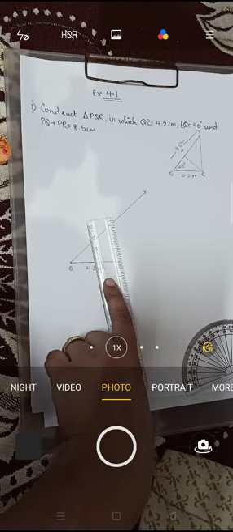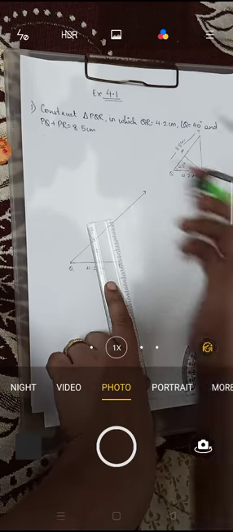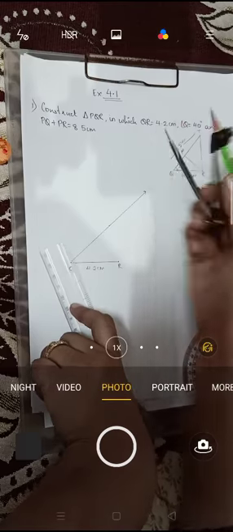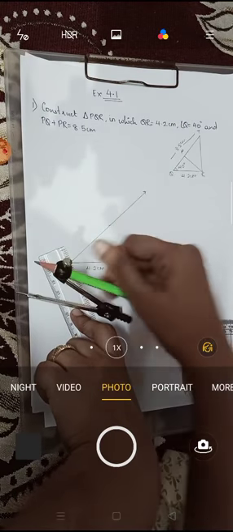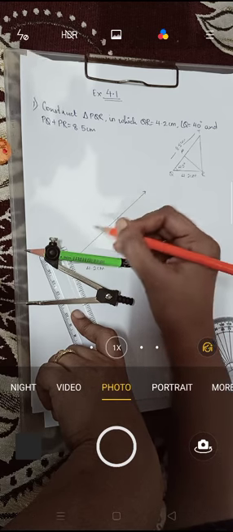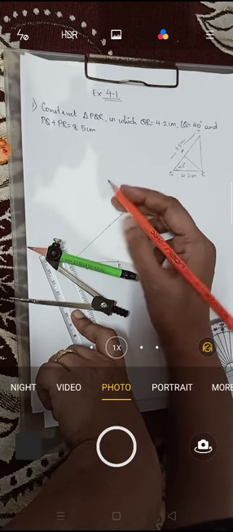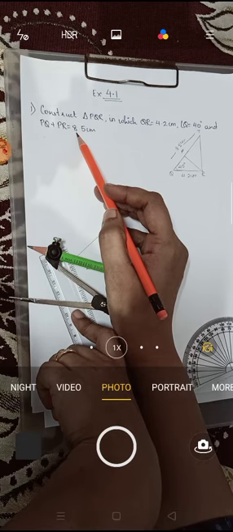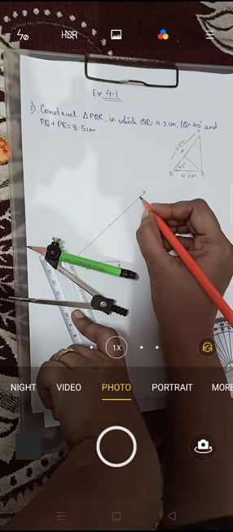Then next, PQ plus PR is equal to 8.5 centimeter. Now this one, what we have drawn, this is not P. We have to draw PQ plus PR is equal to 8.5 centimeter. So you can give this a name.